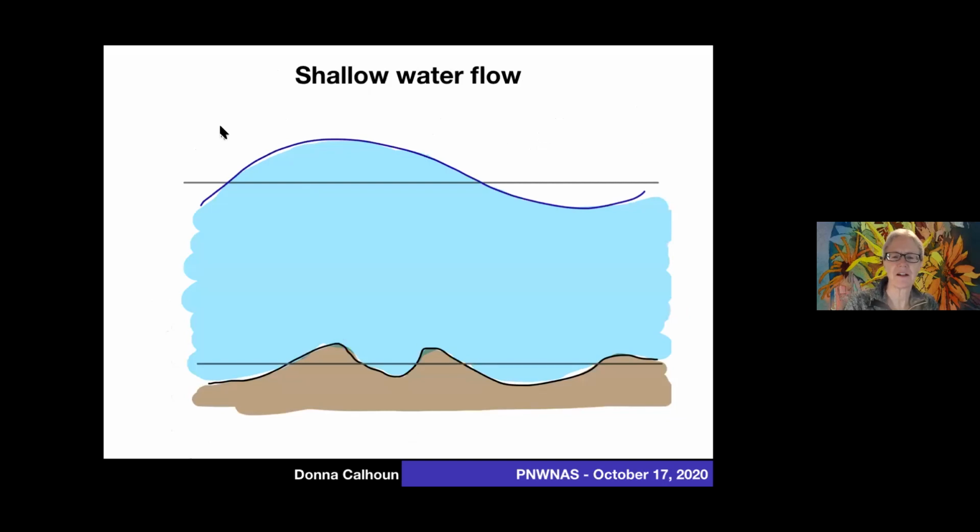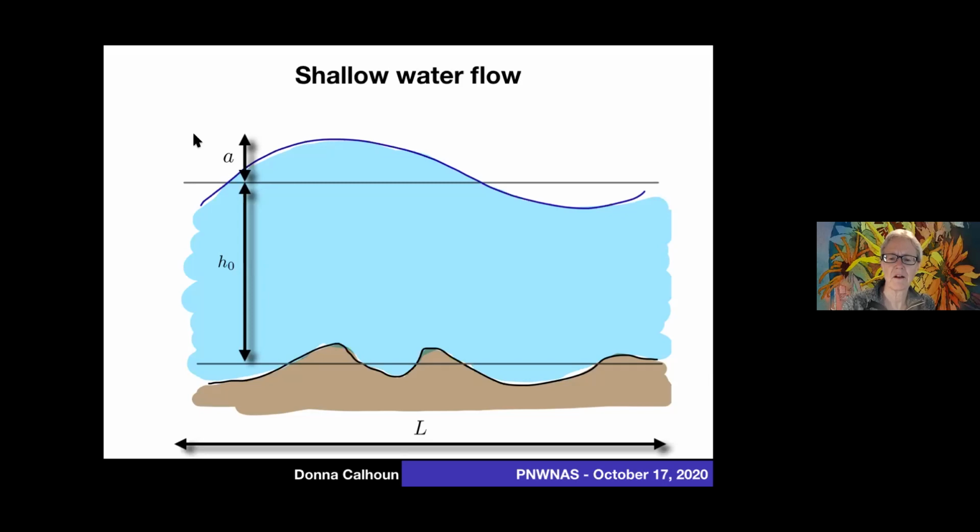Here's a schematic of the various terms involved in this shallow water model. We typically have a characteristic height field, a characteristic amplitude of the waves, and a characteristic length scale.